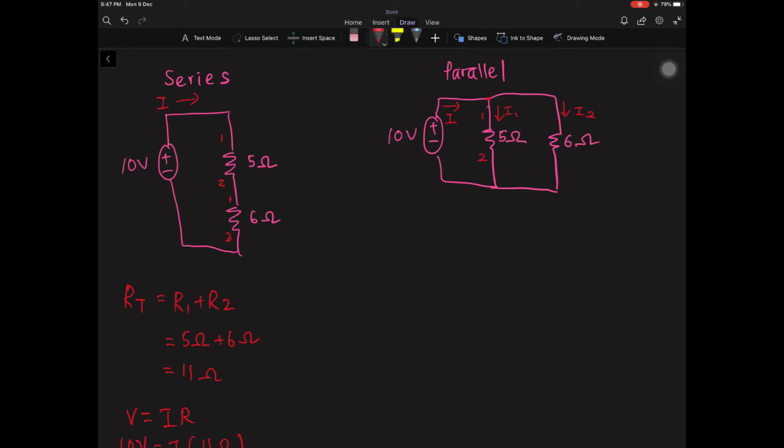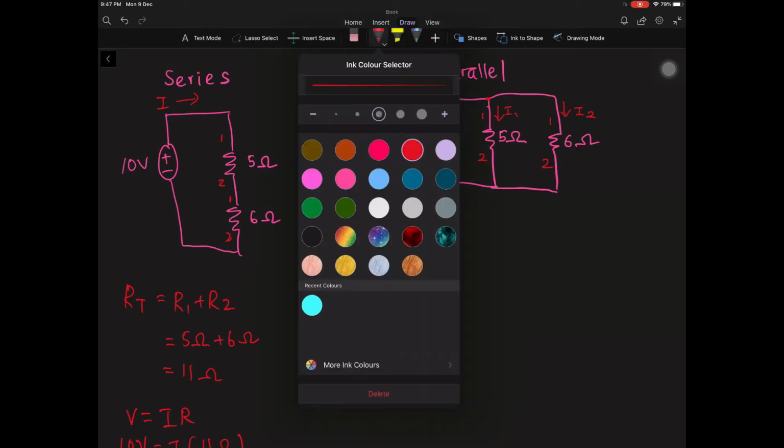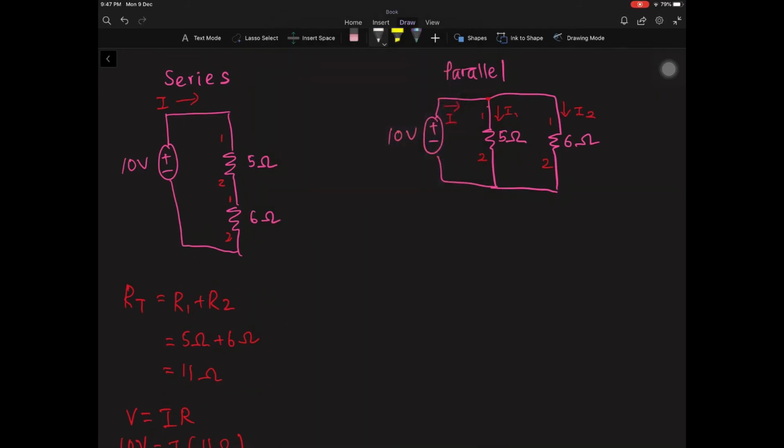So this is number 1, the head, and this is number 2. As you can see, number 1 here is connected to number 1 here, and number 2 here is connected to number 2 here. So they are in parallel.